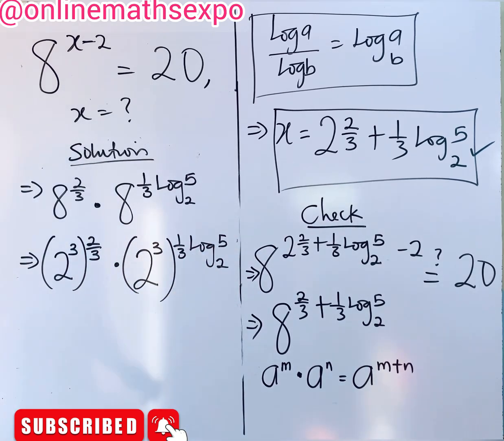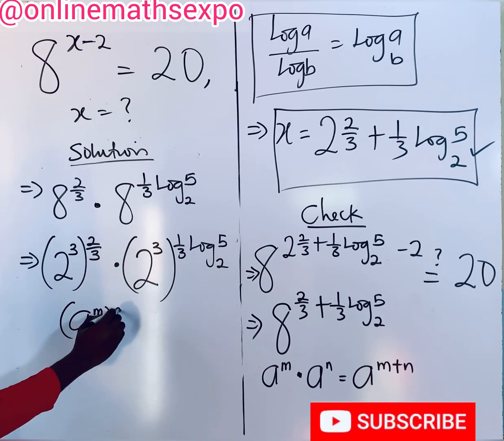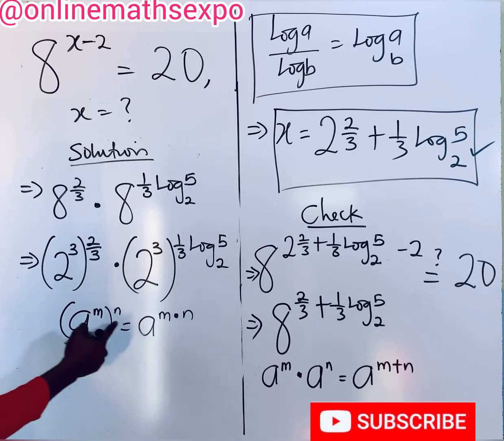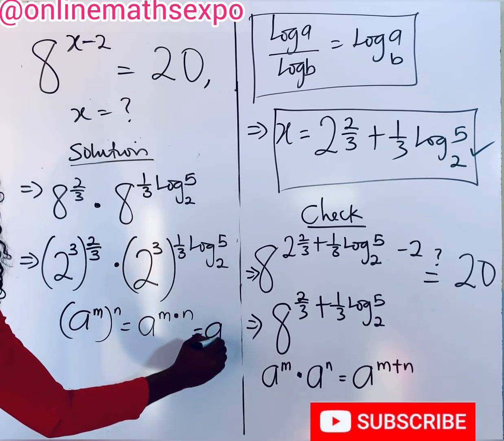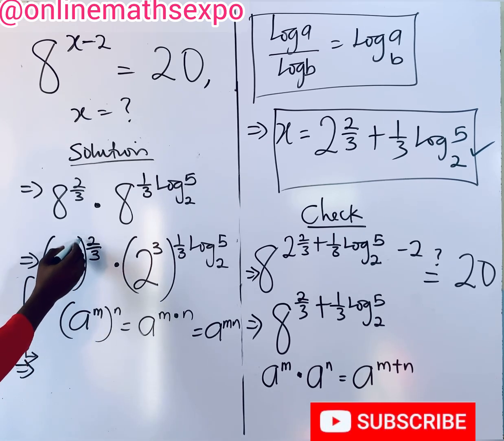Now just know that when you have a to the power of m to the power of n, it means a to the power of m multiplies n. This multiplies, so you have a to the power of mn. Did you see that? So what it means is that from here, we are going to now have this is over 1. When you remove bracket, it turns to multiplication.